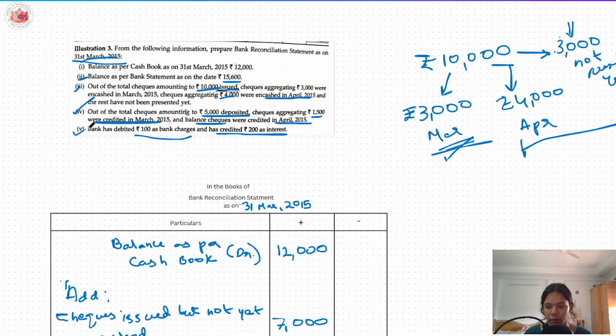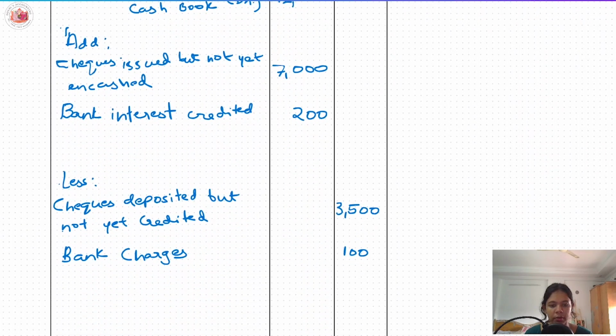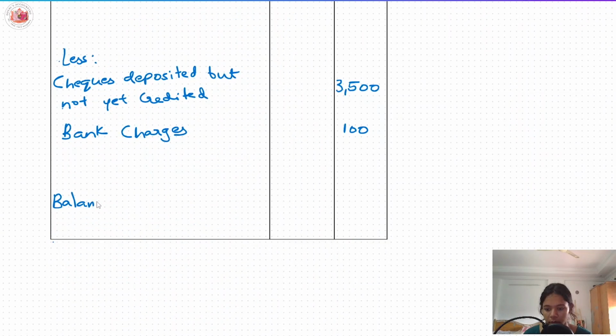Okay, so these were all the transactions. Let's look at our balance. Let's compute this. Balance as per passbook credit.